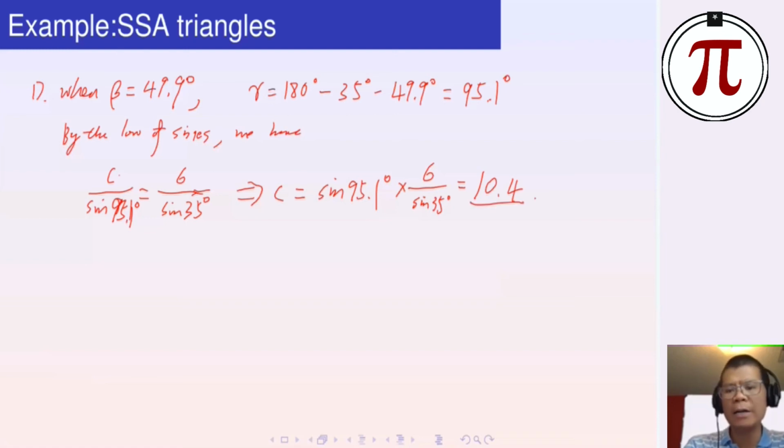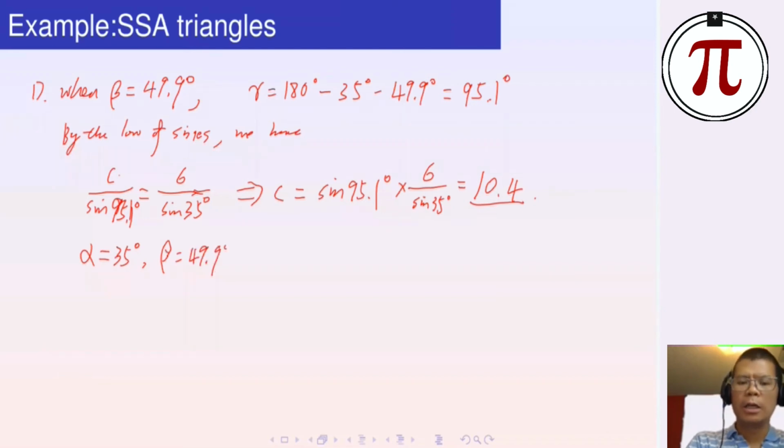So now we have everything, right? So what do we have for this one? Alpha is 35 degrees. Beta is 49.9 degrees. Gamma is 95.1 degrees.